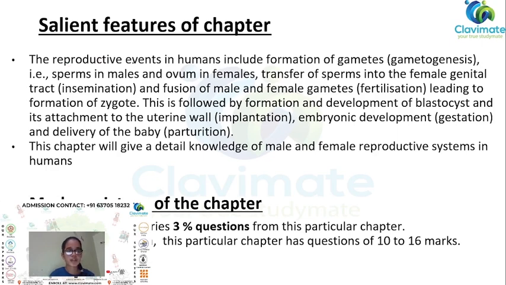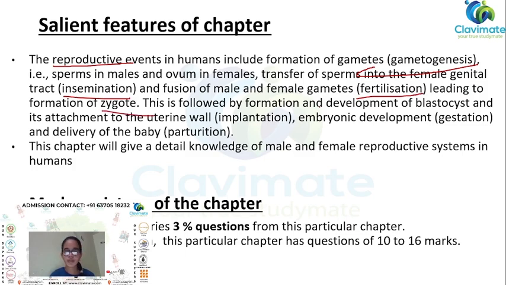The reproductive events in humans include the formation of gametes, that is gametogenesis, which is particular for sperms in males and ovum in females. Then the transfer of sperms into the female genital tract, that is insemination, and fusion of male and female gametes, that is fertilization, leading to the formation of zygote.